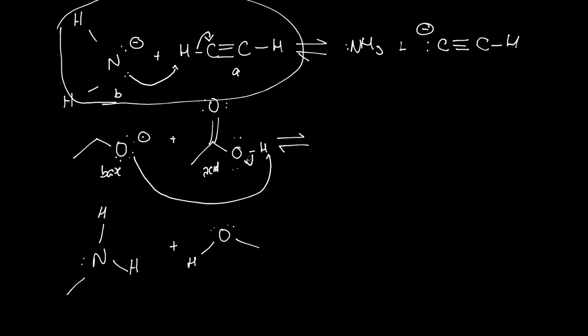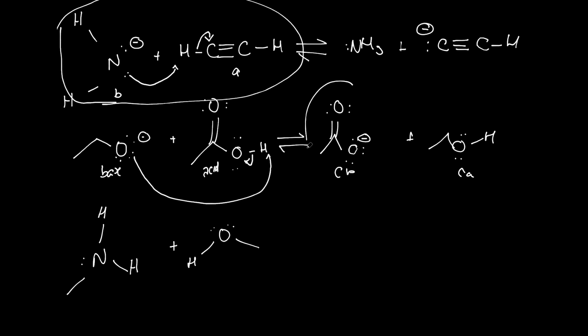So this will form something like this, with a negative charge, plus something like this. And so this is going to be the conjugate base, and this is the conjugate acid. And because resonance exists here, that means that this is going to have to be favored because it can go to a lower potential energy level. So this side.